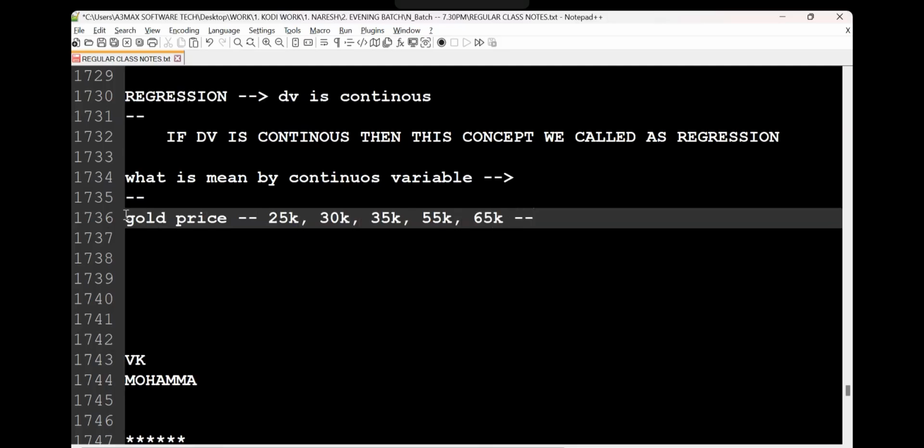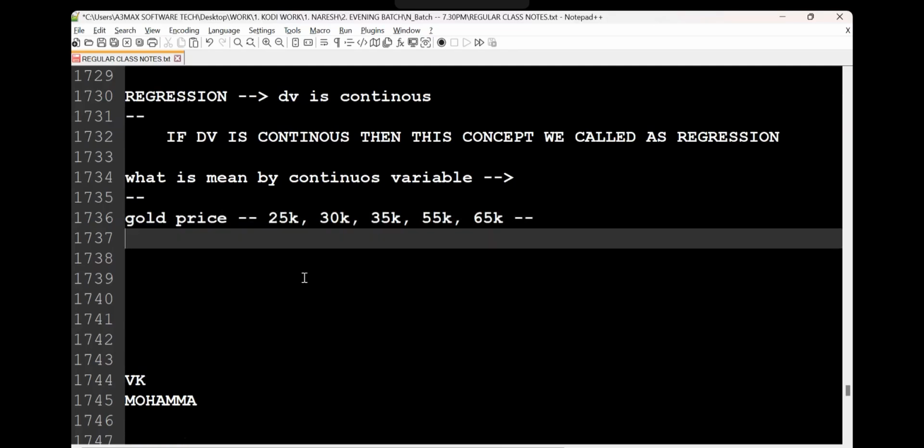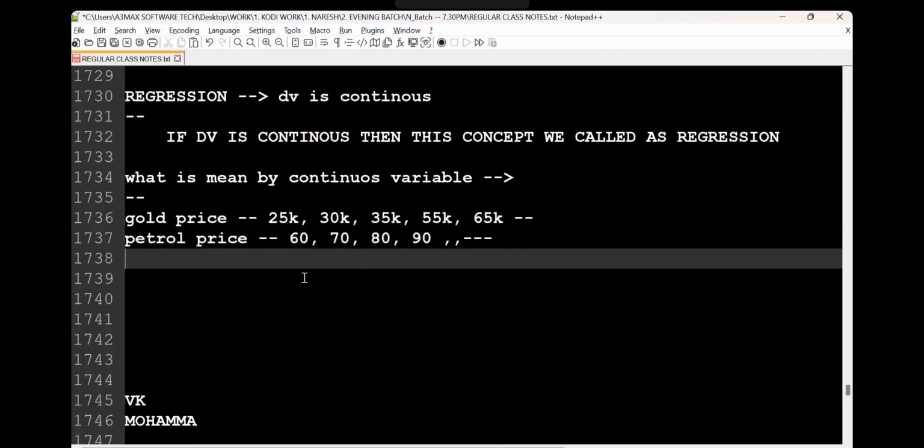So gold is the variable, it increases on a day-on-day basis. So it's continuous. Can we stop here? No, we don't. Next, petrol price. Continuous or not? 60 rupees, 70 rupees, then 80 bucks, and it goes on and also increased.